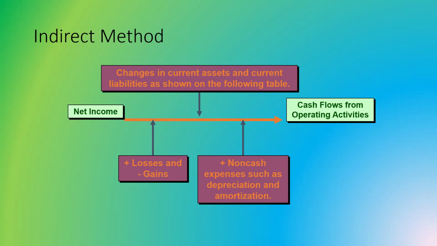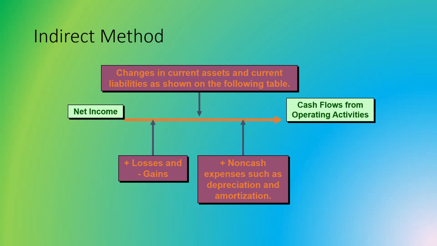So any increase in current assets is going to be subtracted from net income, and vice versa for a decrease in current assets. If there is any decrease in current assets, then the decrease in current assets is added to the net income.